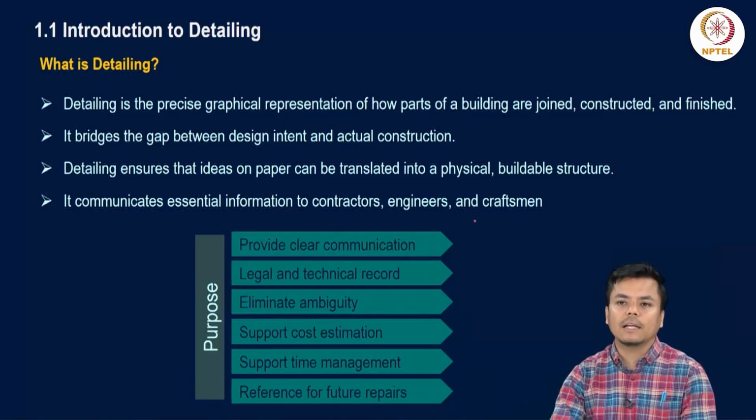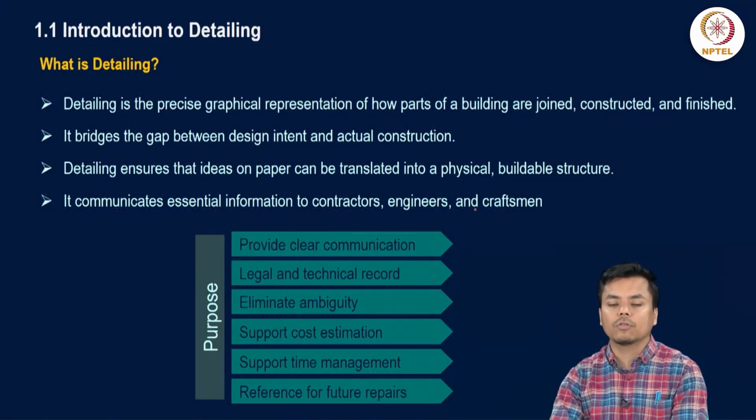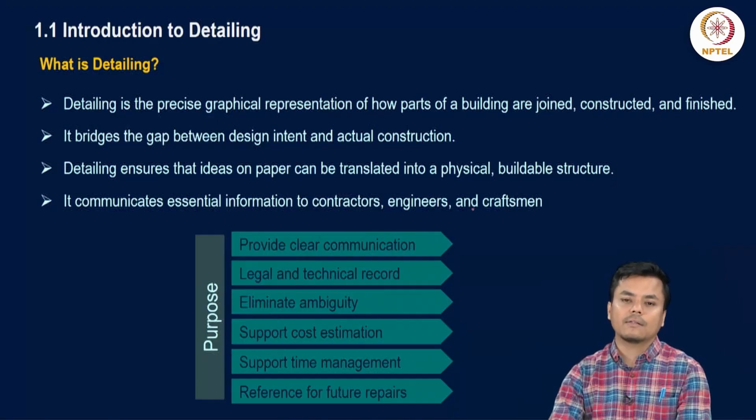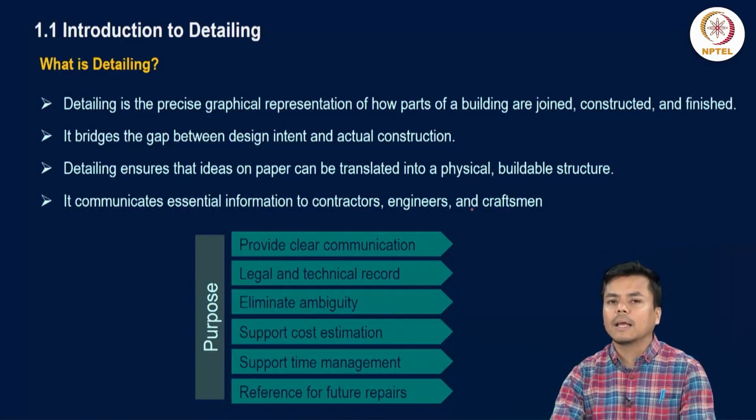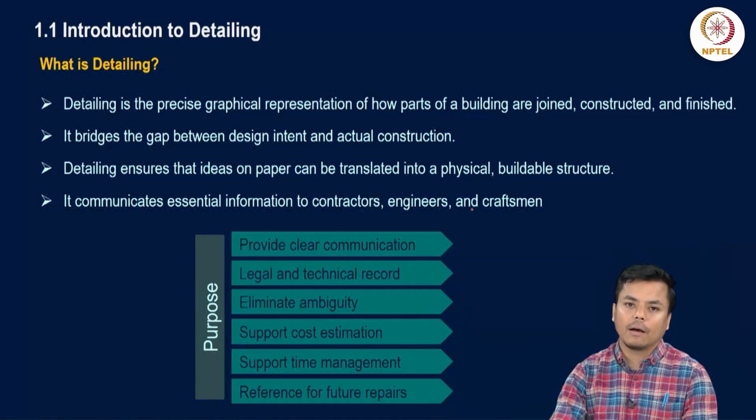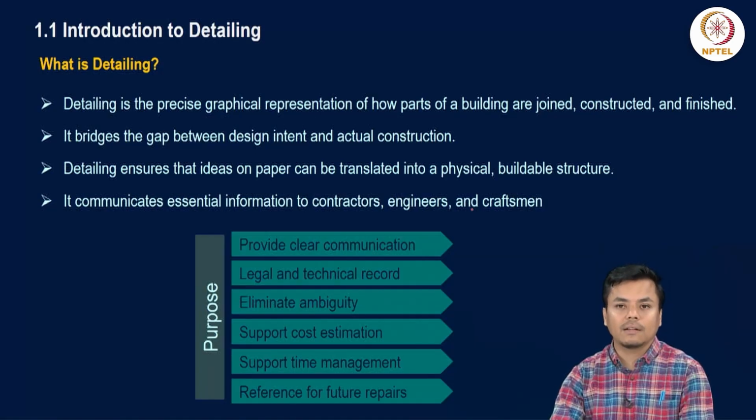Then it is also a legal and technical record, because it is a proof that you have given sufficient explanation to that particular part, and if anything goes wrong in the construction, you should not be liable for those damages. It eliminates ambiguity and reduces the questions of any doubt that may come up regarding the project. So that is why it is important.